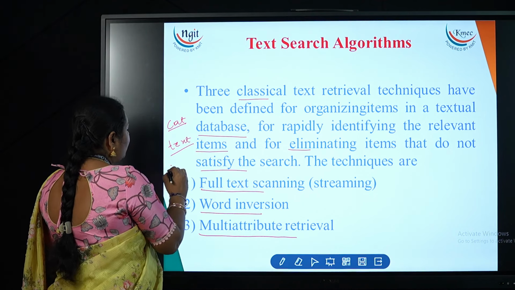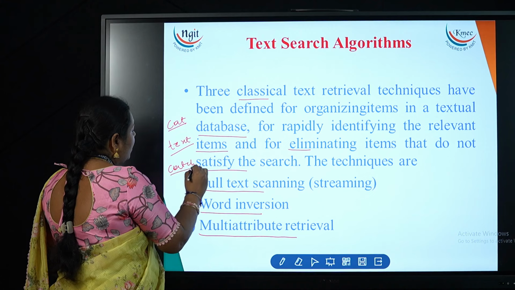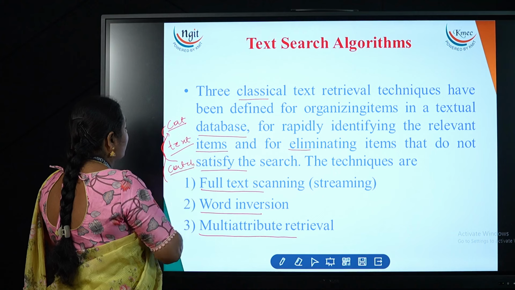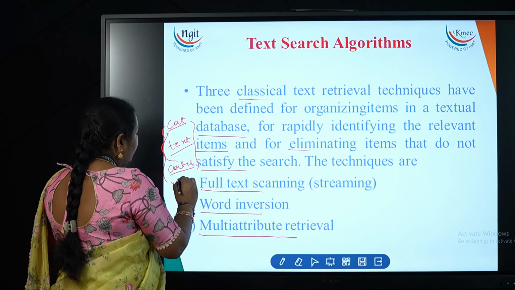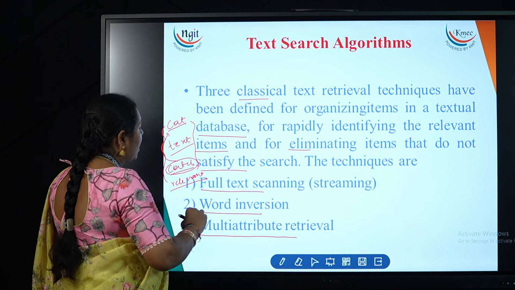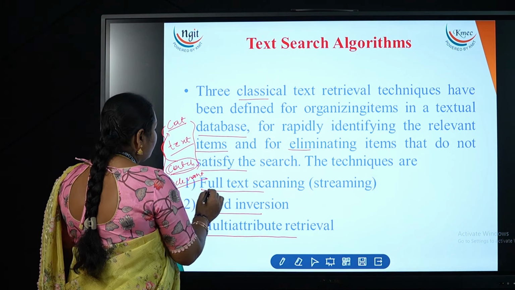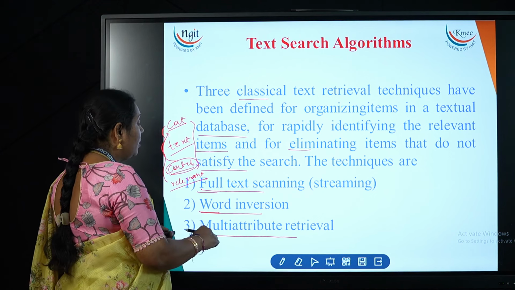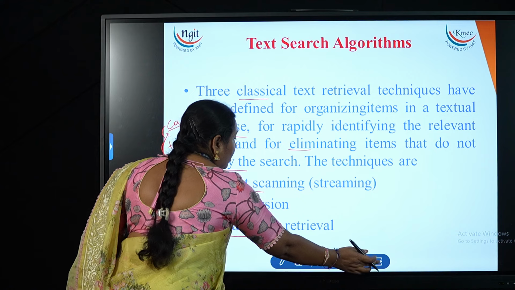If I have catch, when you search you will get cat and catch, but these two are not relevant, right? Cat is an animal, catch is some action word. This can be done using full text, word inversion, or multi-attribute retrieval.